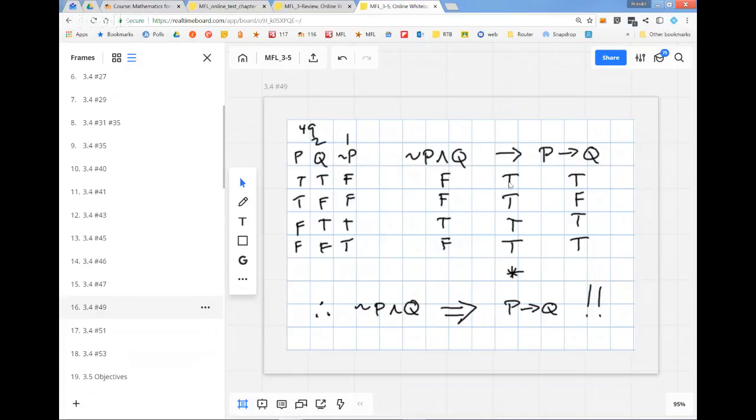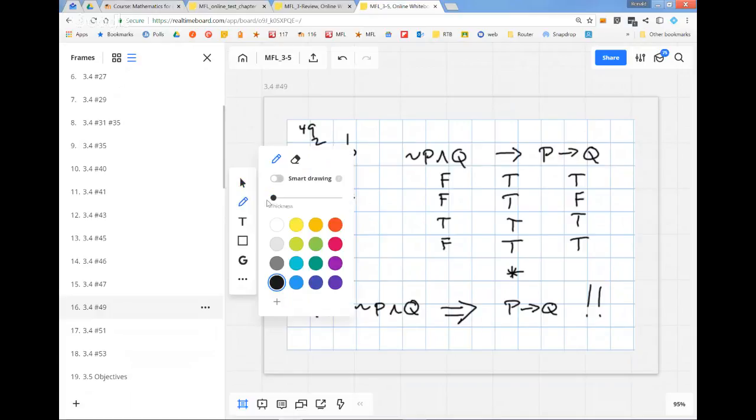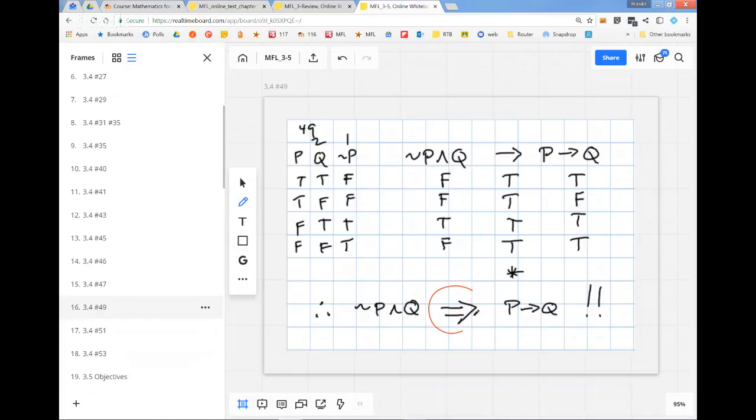Then figure out the truth table. If false, then true, true. If false, then false, true. If true, then true, true. If false, then true, true. So the if-then is a tautology. That tells me the first one implies the second, and we use this special symbol, like an equal sign with an arrow on the right, that means not P and Q implies if P then Q. That's really special when that happens.